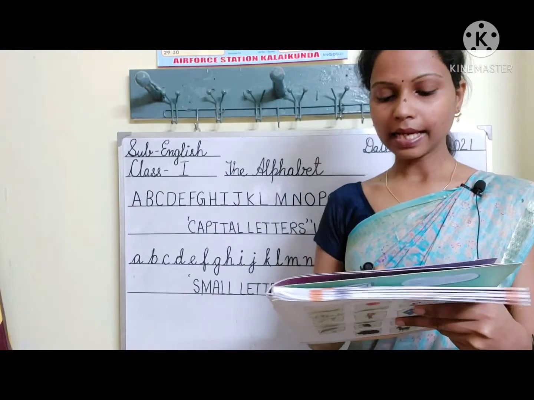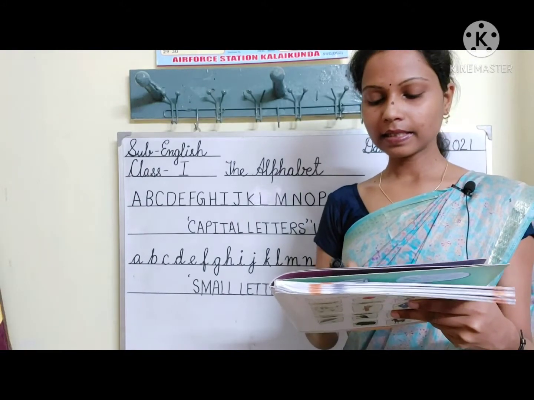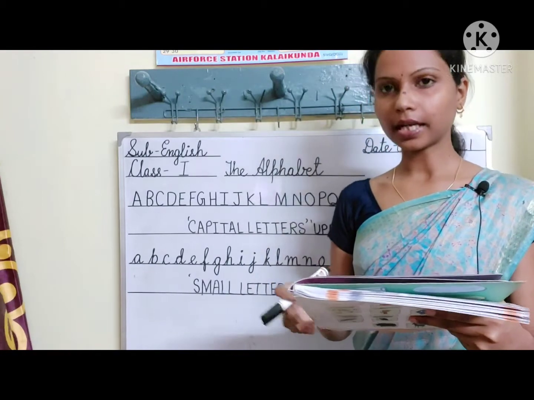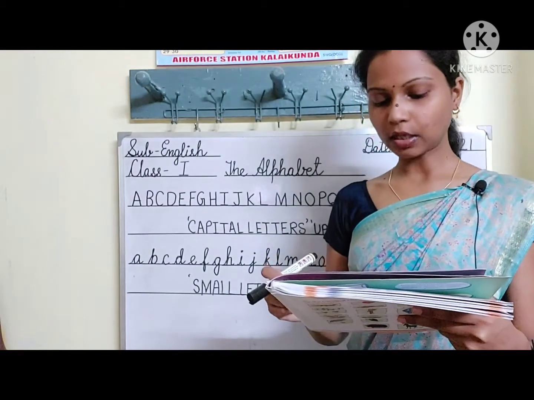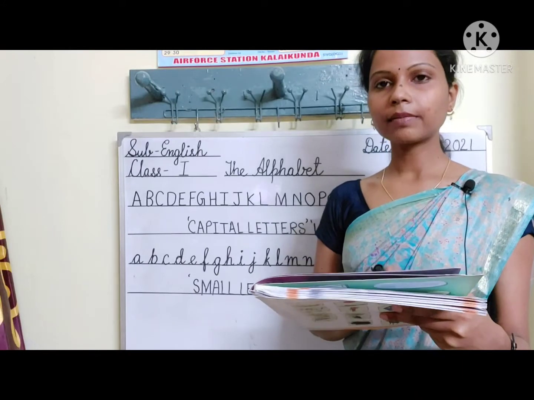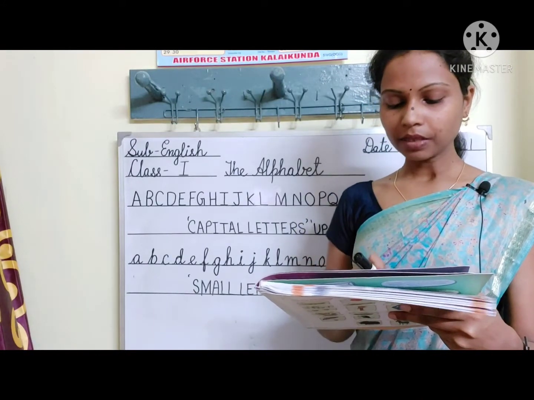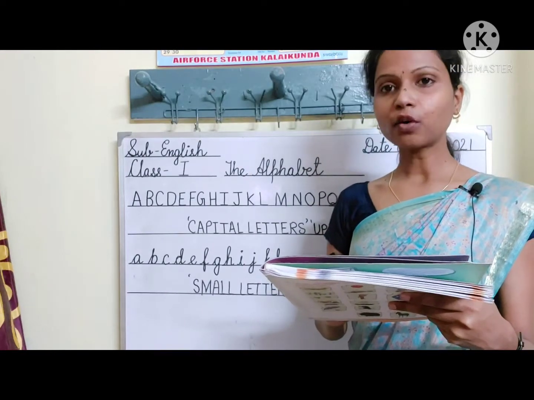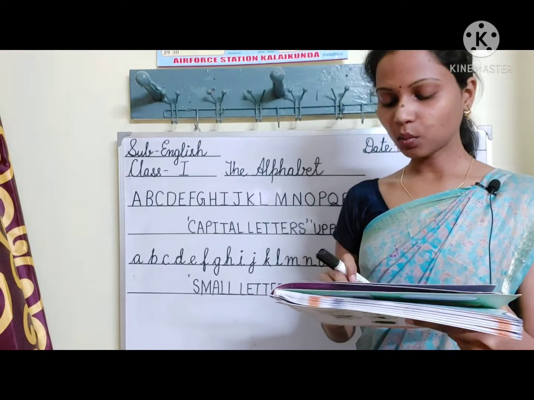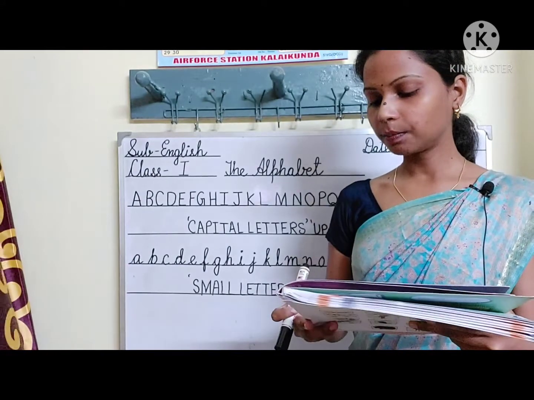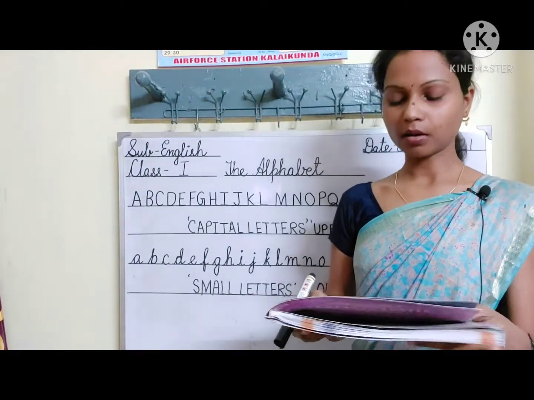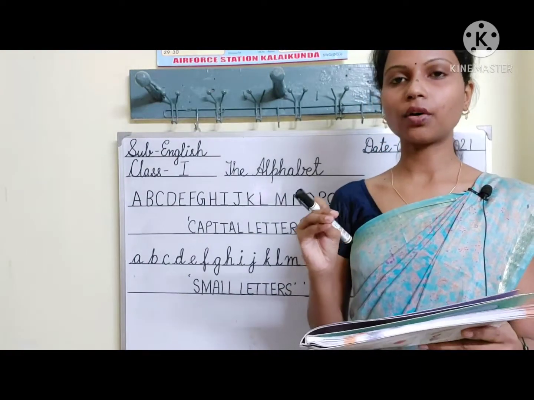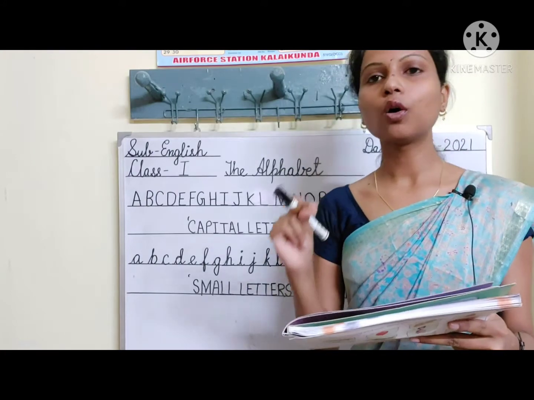Ox, hen, camel, tiger, goat, rabbit, elephant, fox, yak, bear. So now the names of these animals you have to write down in alphabetical order.